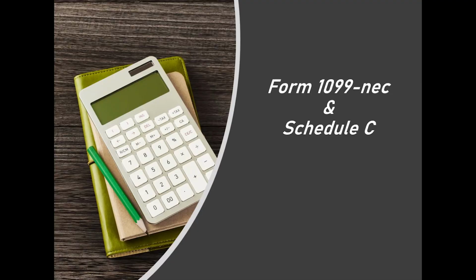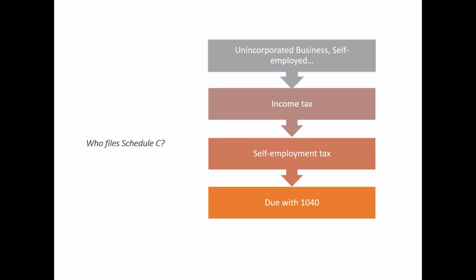This tutorial is about Form 1099-NEC and Schedule C. So who prepares Schedule C? Who files Schedule C? Schedule C is for a business that is not incorporated, or is an LLC, a single-member LLC, or self-employed.